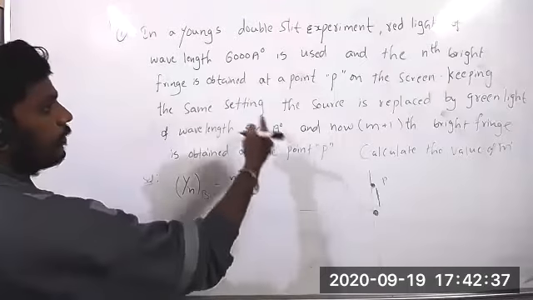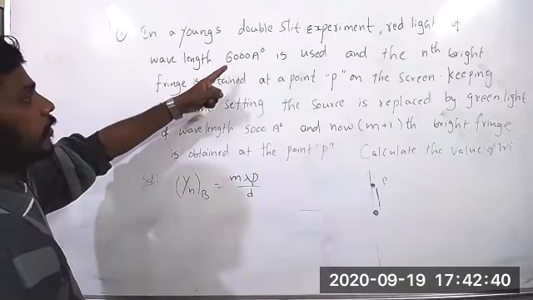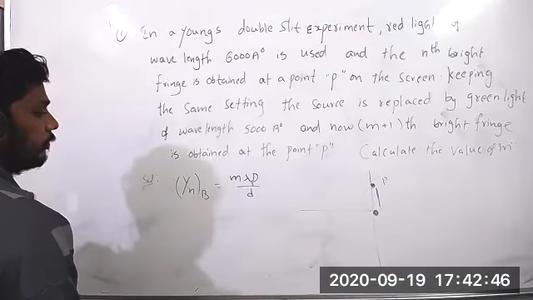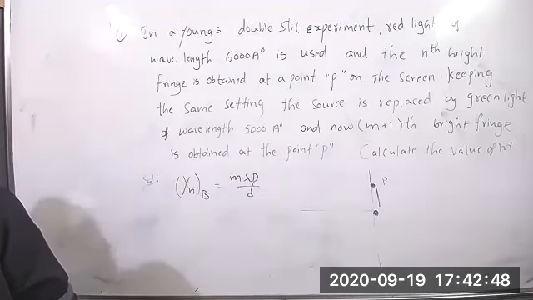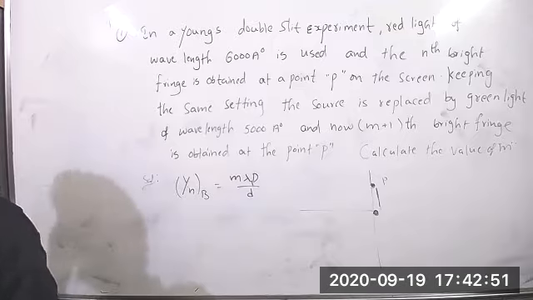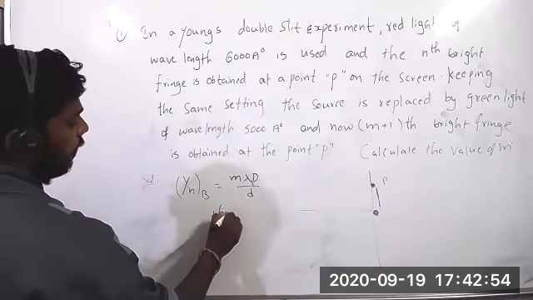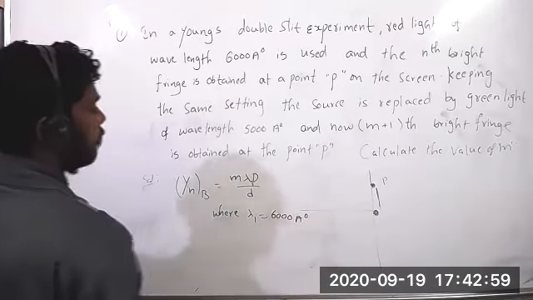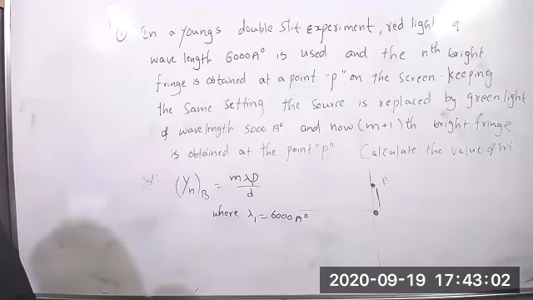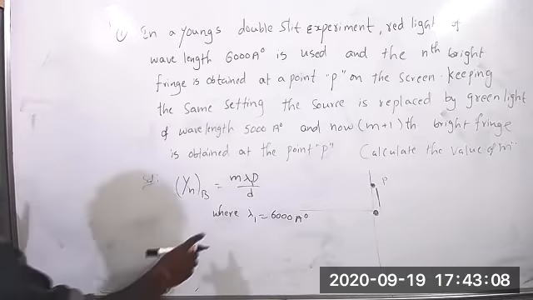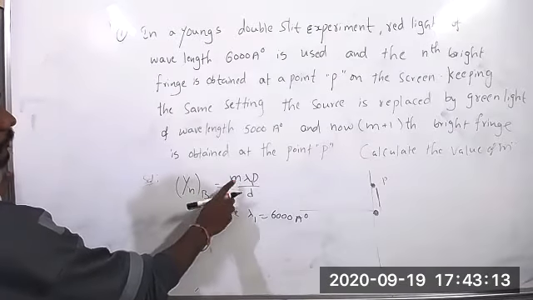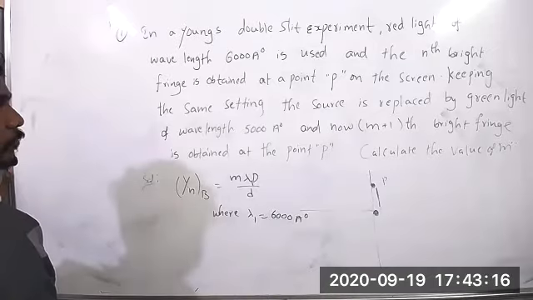Lambda 1, because they have given two wavelengths, first 6000 angstroms and second 5000, so I have taken lambda 1, where lambda 1 equals 6000 angstroms. It is the distance of the mth bright fringe, and the distance of the m plus 1th bright fringe.